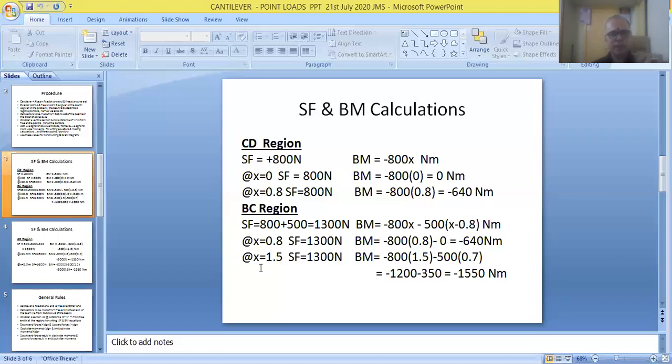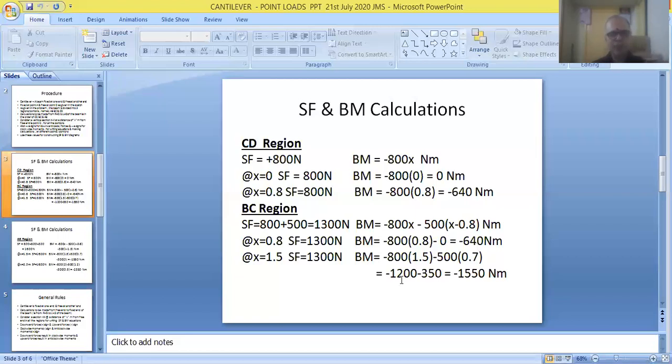And again, friends, take the value of x as 1.5, substitute in this equation: 800 into 1.5, and 500 into 1.5 minus 0.8, that is 0.7. So this will be coming to 1200, and this will be coming to 350. So totally it will be coming to 1550. All these moments are acting in clockwise direction.